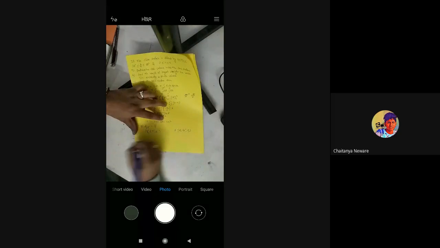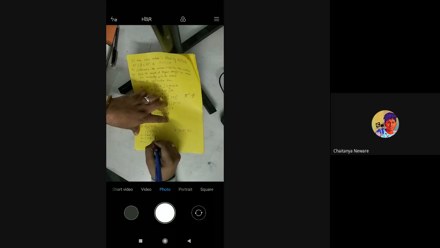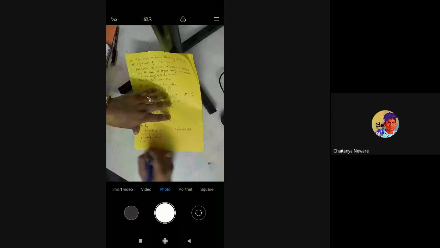So the value of x is equal to rho cos phi, y is equal to rho sin phi, and z equal to z. So here x is 4 cos 30 degree, y is 4 sin 30 degree, and z equal to z, means here 2.